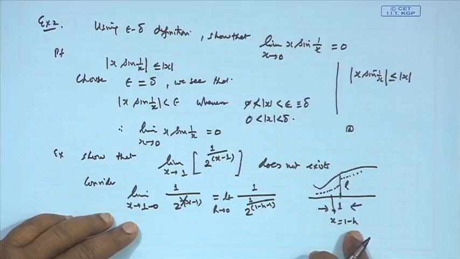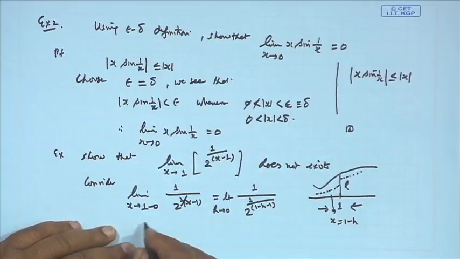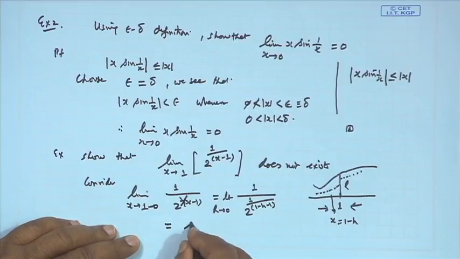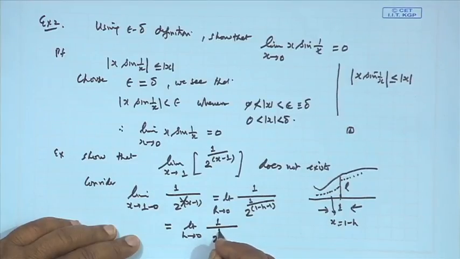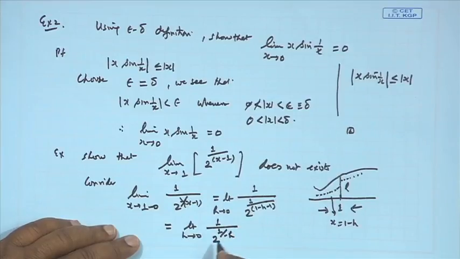So, 1 cancels, and this comes out to be the limit h tends to 0 of 1 over 2 to the power minus 1 over h. Now, as h tends to 0, this goes to minus infinity.